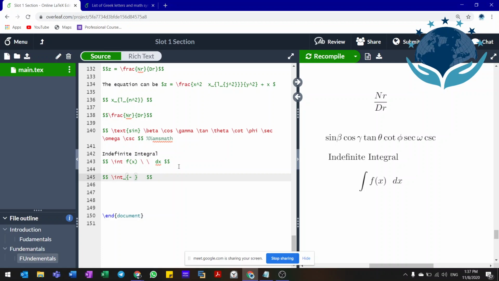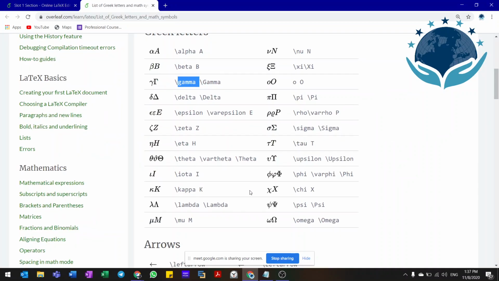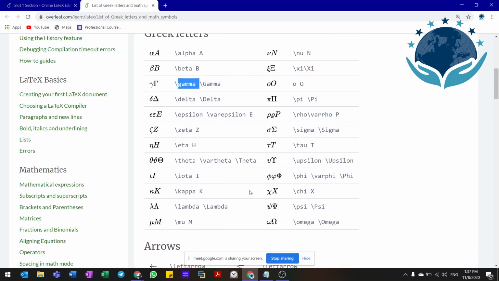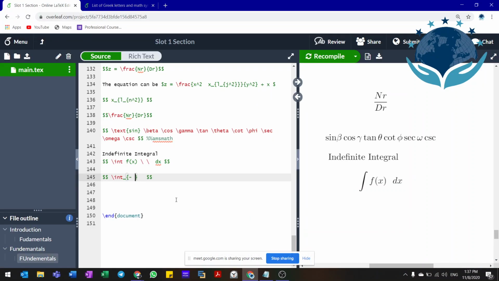Infinity is a special symbol. If you look in this chart reference, for infinity there is a keyword called infty. So here you can see slash infty, for minus infinity to plus infinity.